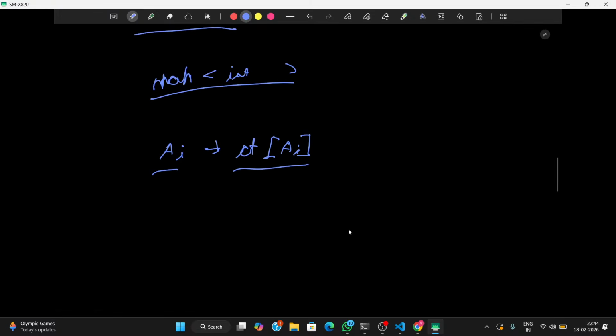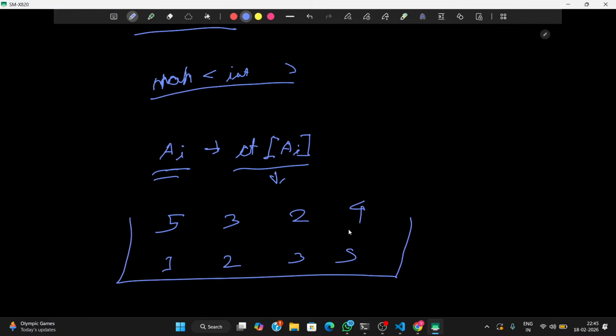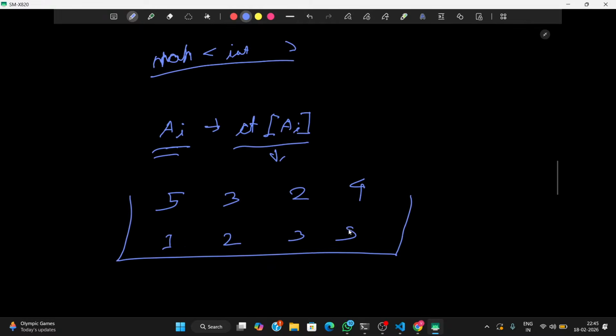Now, we will see which ai has the least count, right? Suppose there are four values 1, 2, 3 and 4. Suppose one occurs five times in the array, two occurs three times, three occurs two times, and four occurs four times. Let's say this is our map after doing all of this.